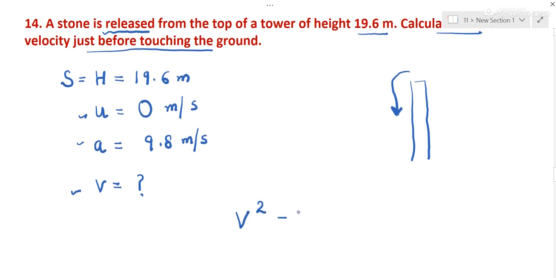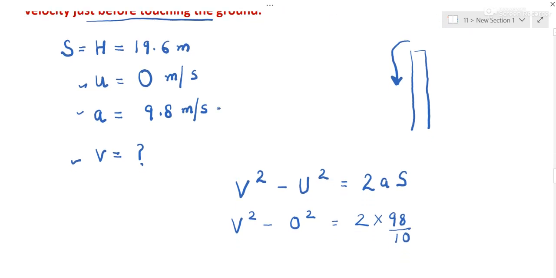V square minus U square is equal to 2AS. So let us substitute. V is to be calculated. U square is 0 square. And it is 2 into 19.6, we can write 196. Sorry. Acceleration is 9.8, so 98 by 10. Or you can take it 10 also for convenience, in meter per second square.